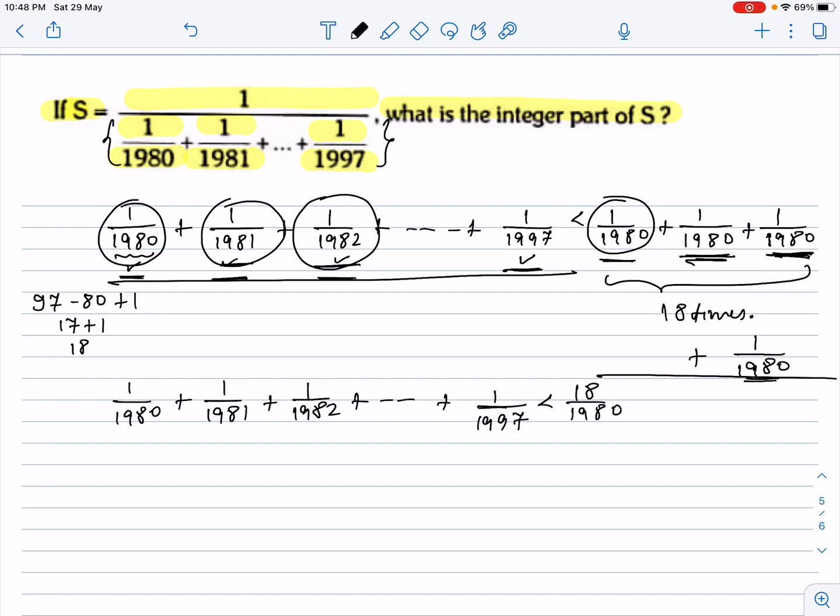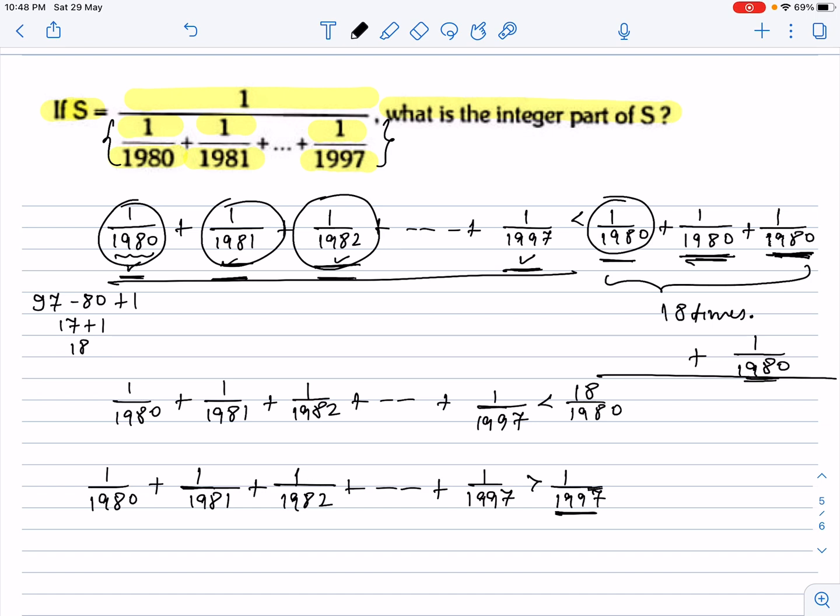So I could write 1 upon 1980 plus 1 upon 1981 plus 1 upon 1982 goes on up to 1 upon 1997 will be, guys, this time greater. Why will it be greater? Because every time I will be going to take 1 upon 1997 over here.